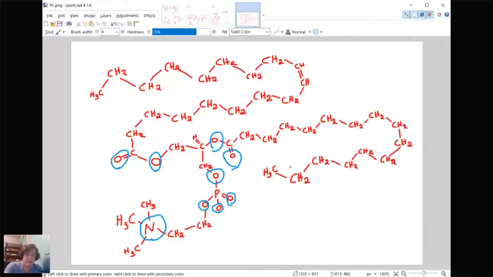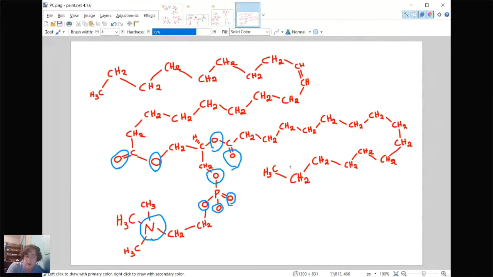And the other criteria is that there's a hydrogen bonded with either an oxygen, a fluorine, or a nitrogen. Are any of those blue circled atoms on the molecule bonded with a hydrogen? Right. So the criteria for hydrogen bonding is not met.